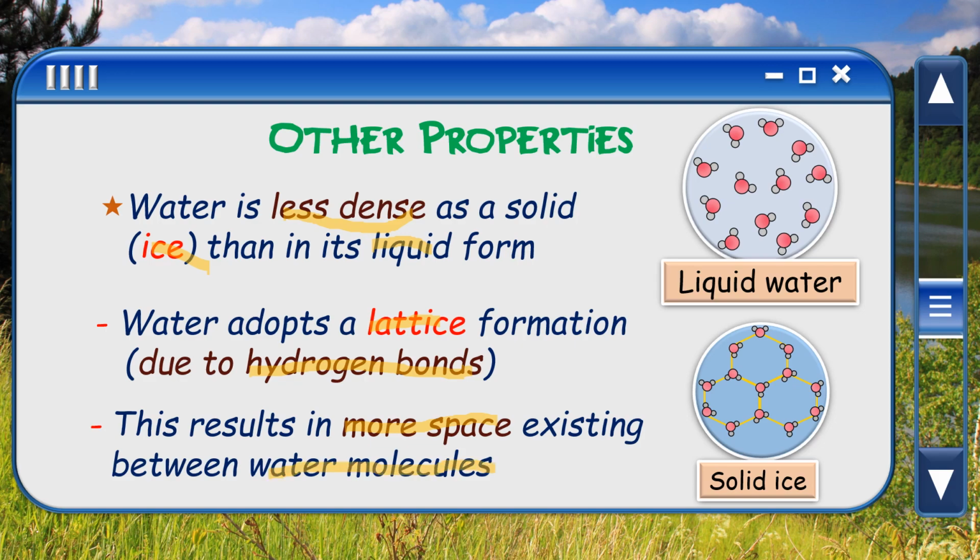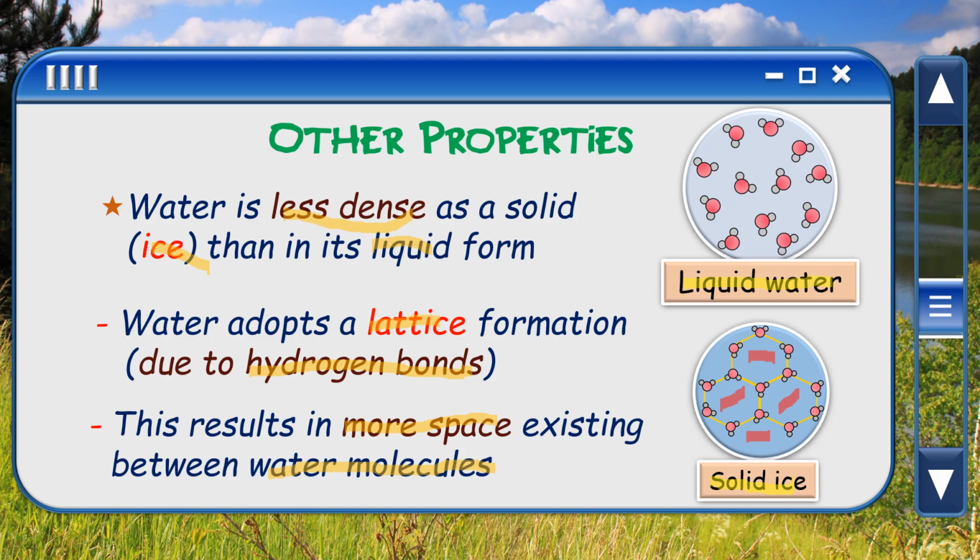Because of that space, it becomes light. In solid water, the molecules are far apart because they have formed a lattice, which makes water less dense. So water is less dense in ice compared to liquid water.